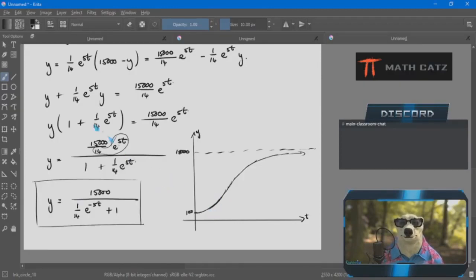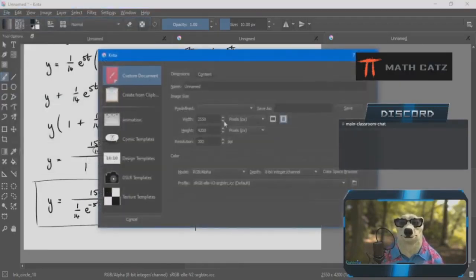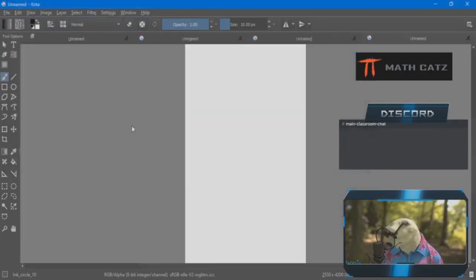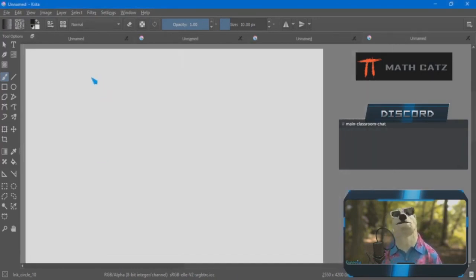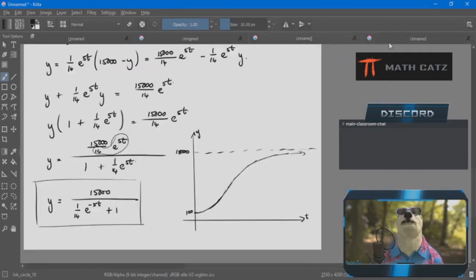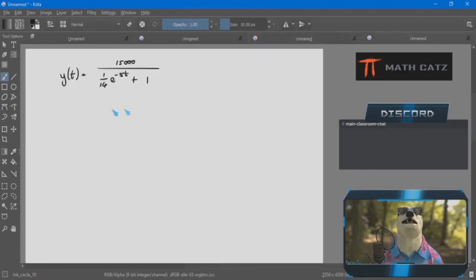Okay, so now let's squeeze in one more page to answer those couple of questions. Now I'll just do one because they are handled in exactly the same way. Let's rewrite our function here so we can see it on the same page. It's 15,000 over 1 over 14 e to the negative 5t plus 1. And we can double check it if you're not convinced.